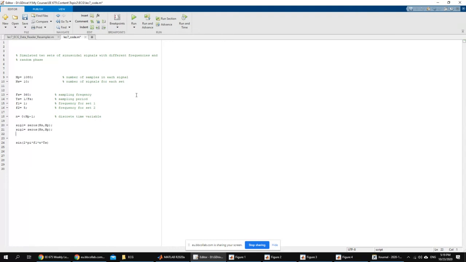The second type is signal 2. For K1 equals 1 to NS, I'm going to generate signals. For the first one, signal 1 of K1 and everything will be equal to this.